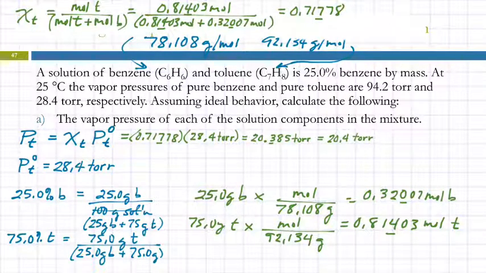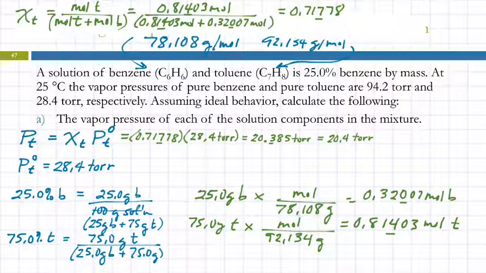So that's one answer. We also need the vapor pressure of the benzene. Do we have to do all of this over again? No. We could, but we don't have to. If this is the mole fraction of toluene and there are only 2 things in the solution, what's the mole fraction of benzene? 1 minus that.